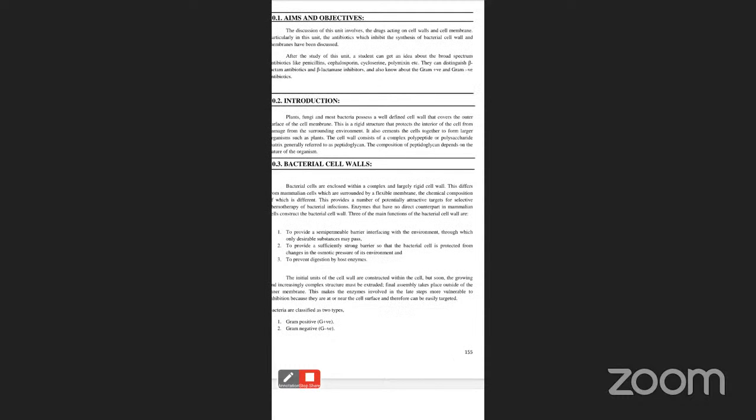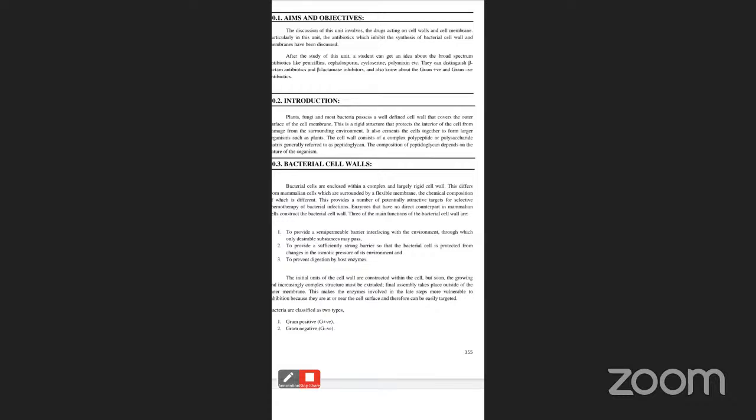Generally these category drugs are the antibacterial drugs. Antibiotics are most of the drugs which target the cell walls and cell membranes. Here you see the bacteria. We know the structure of the bacteria.